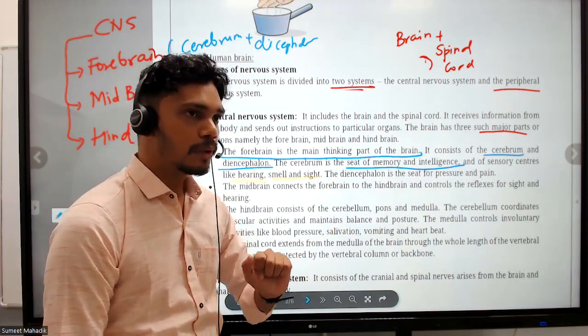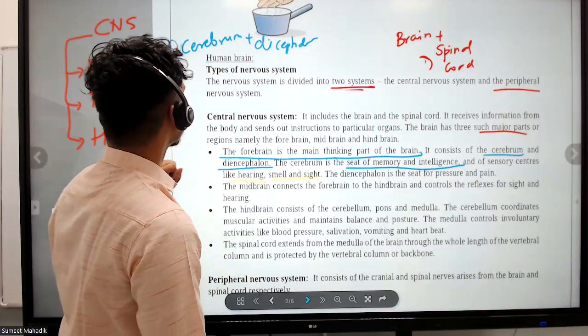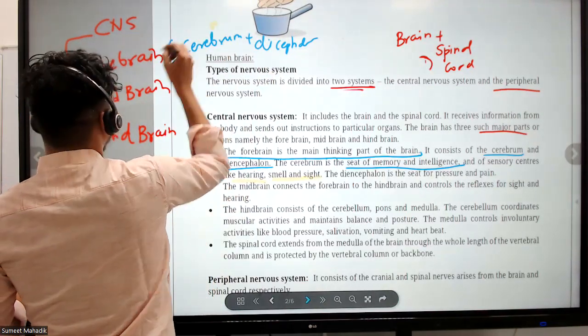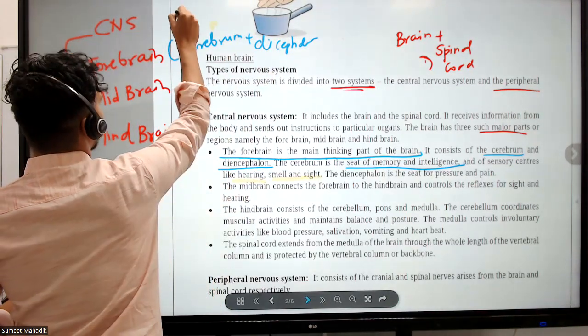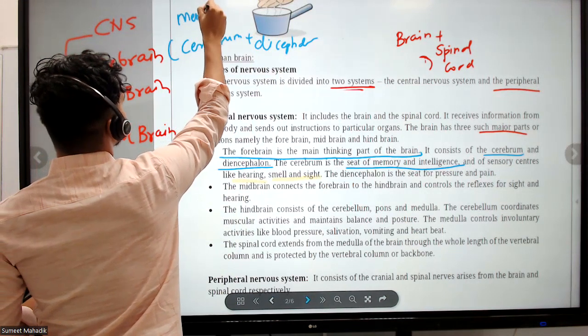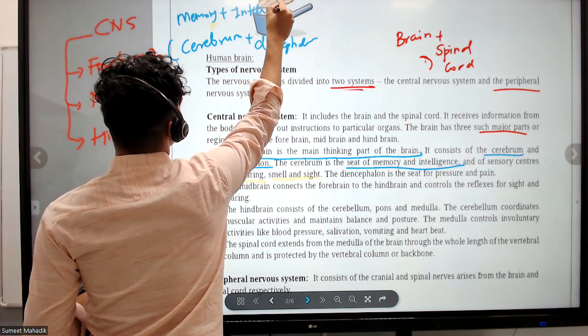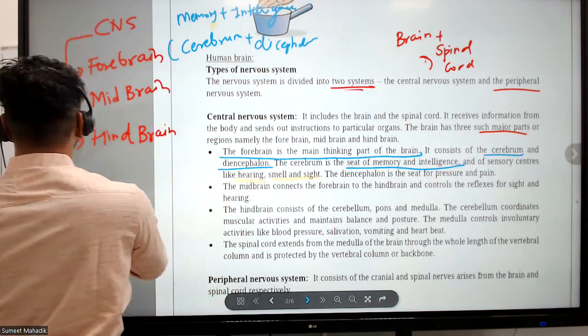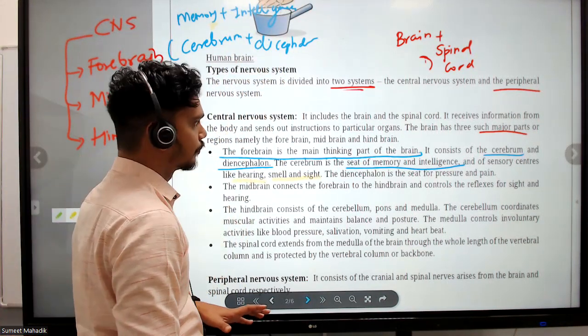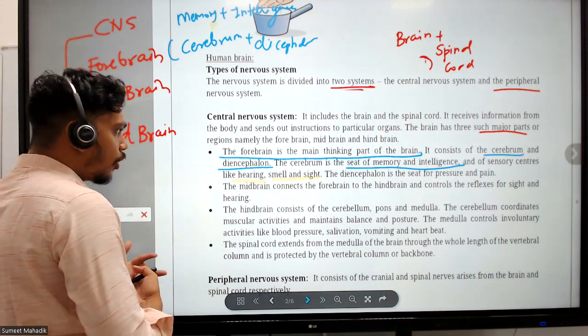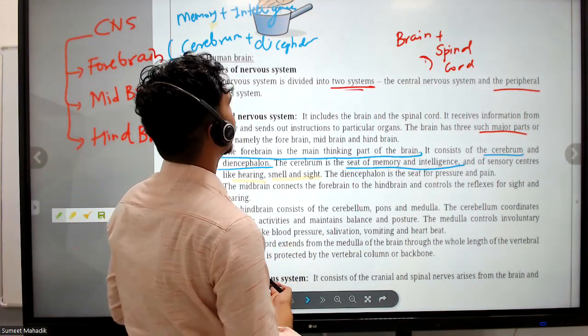So you can write in your book: cerebrum is responsible for memory plus intelligence, along with hearing, smell, and sight.